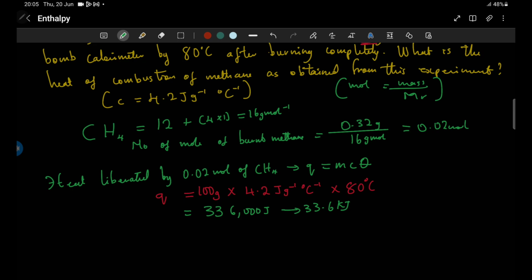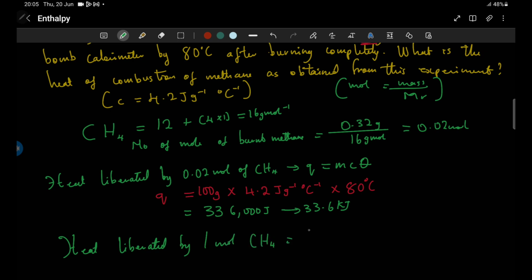So we need to note, okay, this is the amount produced by 0.02 moles. Now we need to standardize this whole thing to 1 mole. So we want to know how much heat will be liberated by 1 mole of CH4.